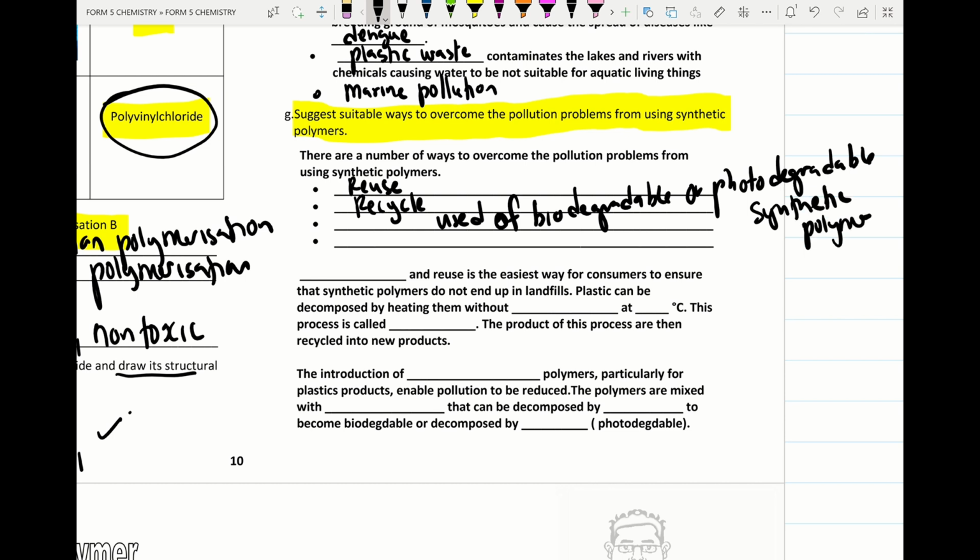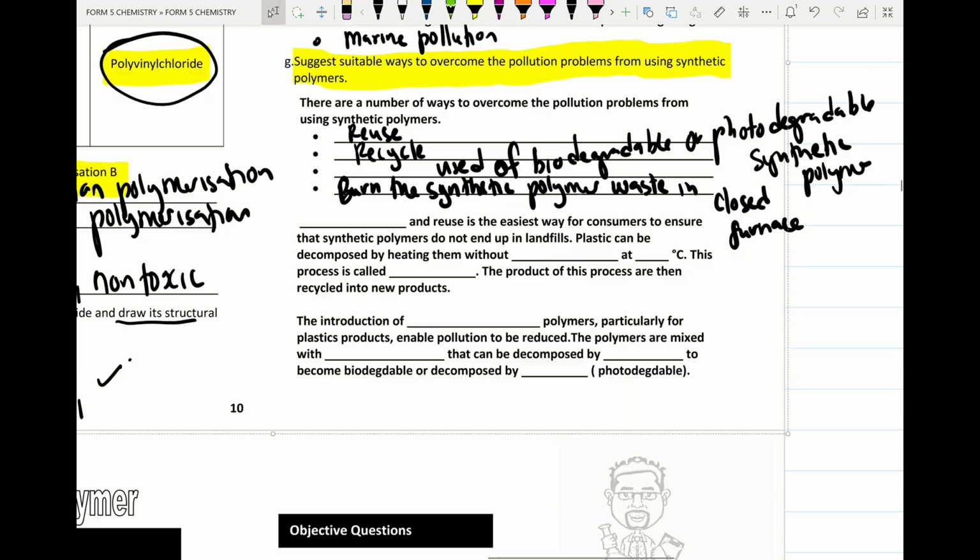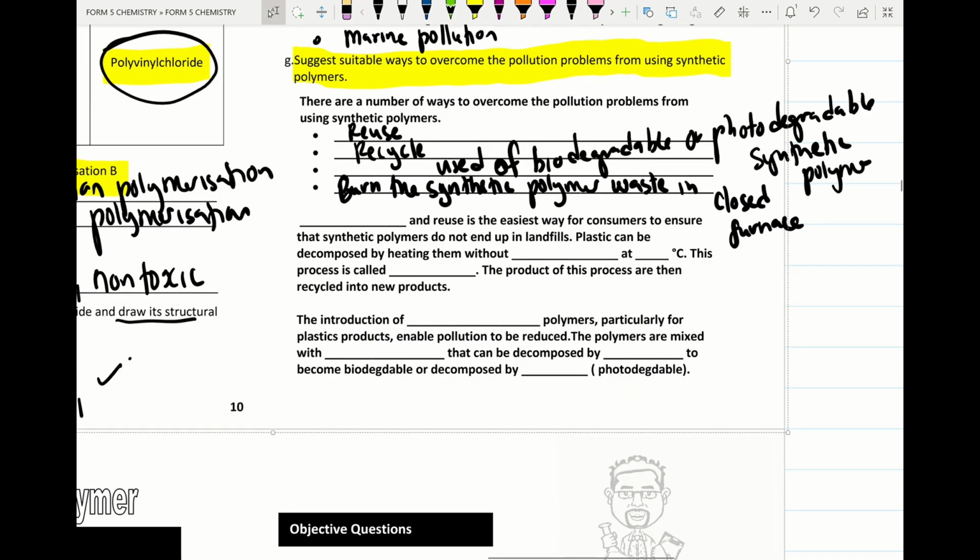All right, and the fourth method will be burn the synthetic polymer waste in closed furnace. All right, so these are the methods that we can use to overcome the pollution problem caused by the synthetic polymer waste. All right, so we try to elaborate the first point.